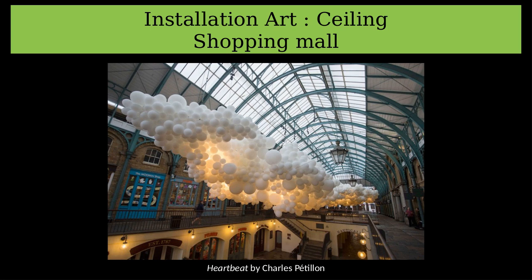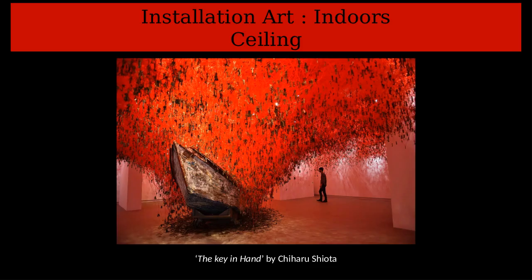So you can think about all those different elements: the ceiling, the floor, all of it. Here's another example of using the ceiling as the primary spot, but then you bring what's up from the ceiling back down to the floor, and you incorporate that entire space.